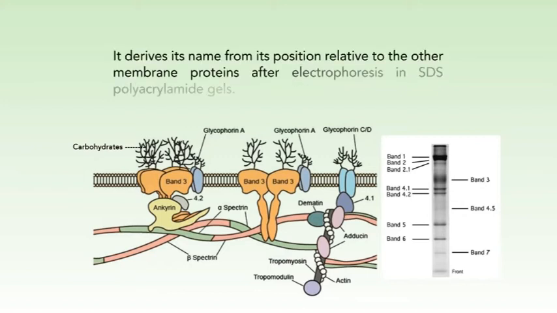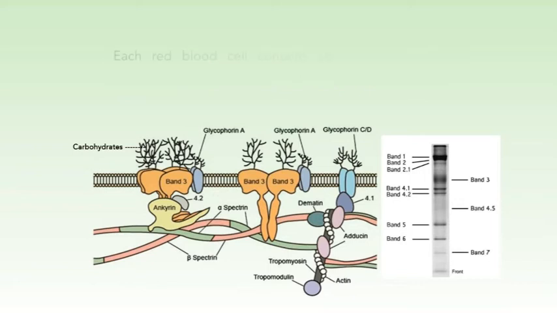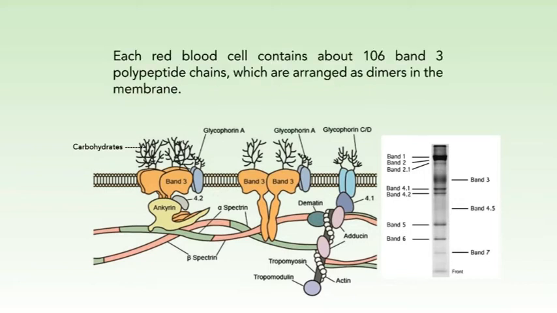It derives its name from its position relative to the other membrane proteins after electrophoresis in SDS polyacrylamide gels. Band 3 is a multi-pass transmembrane protein, traversing the membrane in a highly folded conformation. Each red blood cell contains about 10^6 band 3 polypeptide chains, which are arranged as dimers in the membrane.